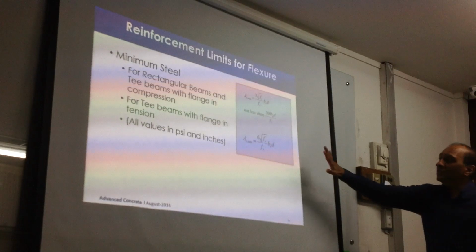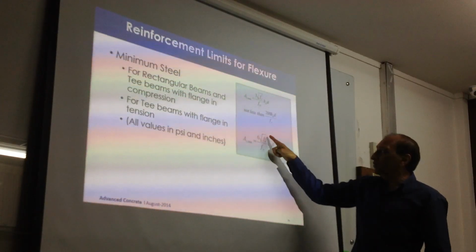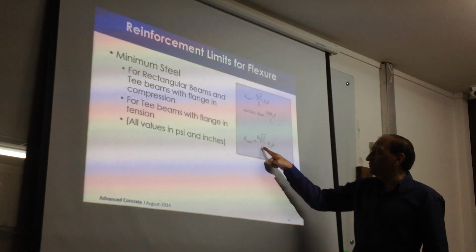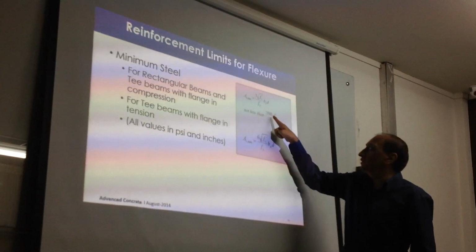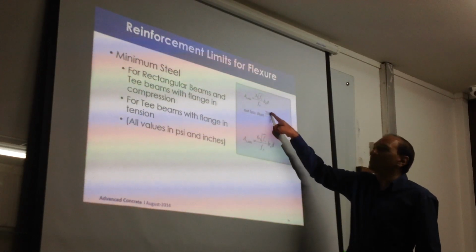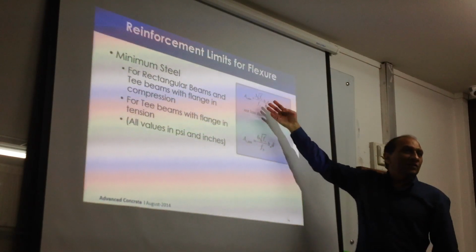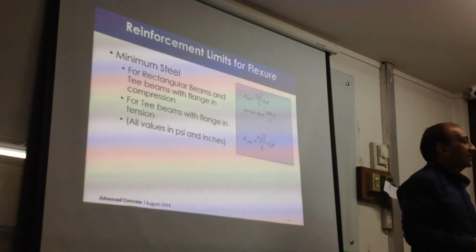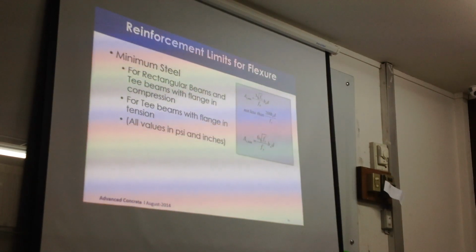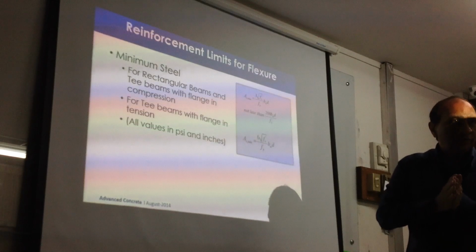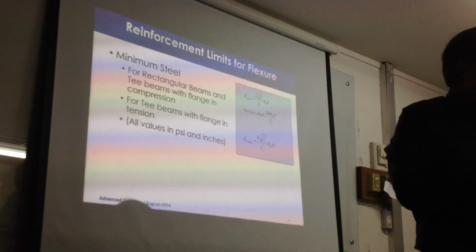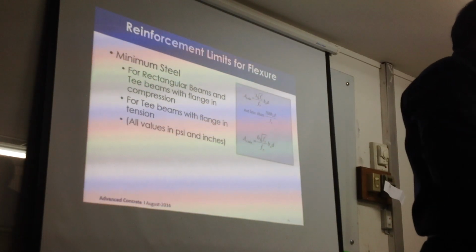So basically this is related to, you can see from here, the tension capacity multiplied by 6 F by dWt, tension capacity something something, 200 dWt. This is related to temperature. They have all these limits to make sure that you do not provide reinforcement which is too small. And this happens a lot.